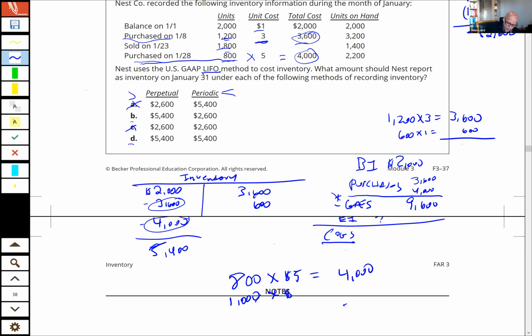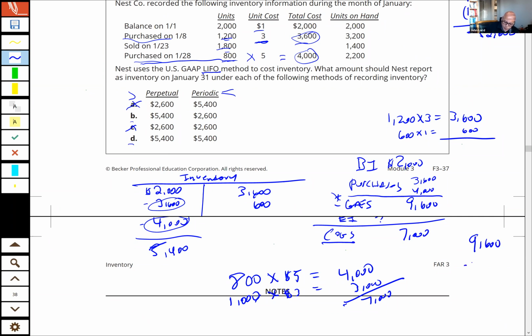Good. So I multiply that by $3. Good, guys. So that gives me 3,000. So my cost of goods sold, I know using LIFO, is supposed to be 7,000.